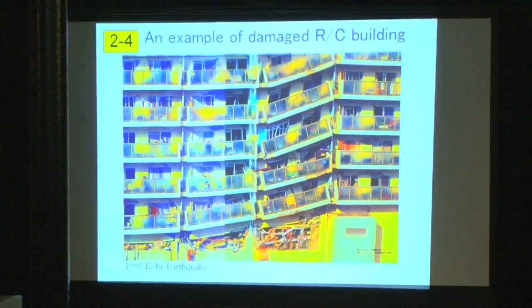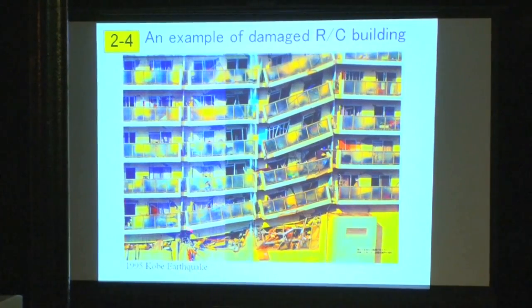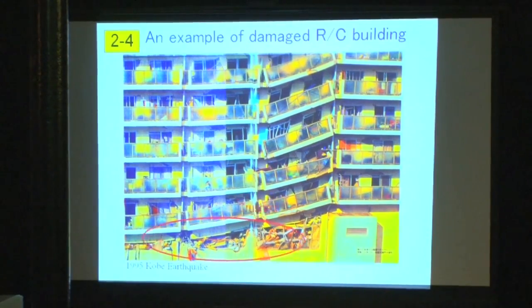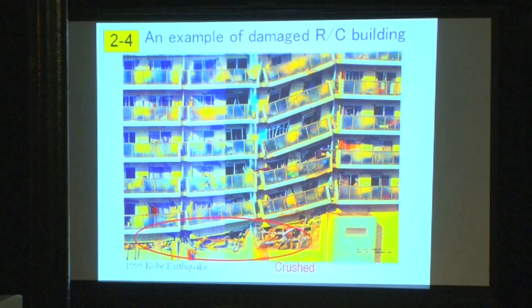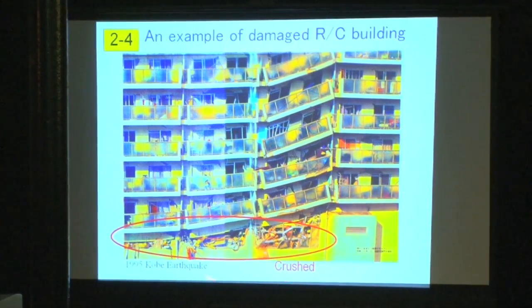This apartment house collapsed in the Kobe earthquake. The left side was crushed at this floor. The building standard of Japan does not permit a collapse like this.